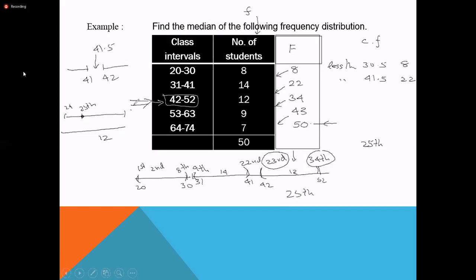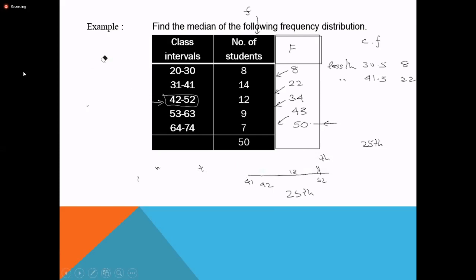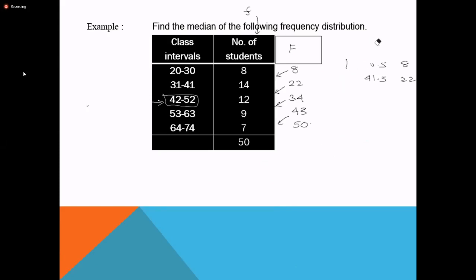Here, this is the median class. So that is called the median class. That is how we think about the median class. 25 ශිෂ්‍යයා ඉන්නේ කොහෙද කියලා හොයන්න.